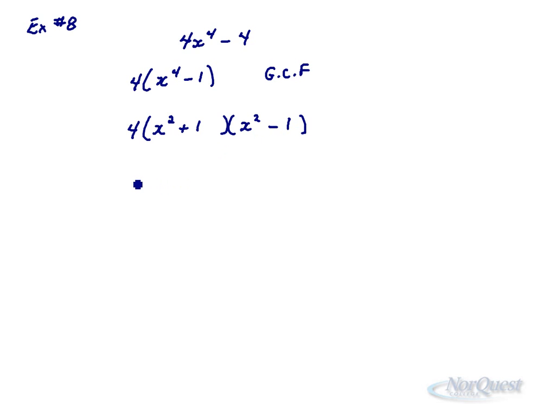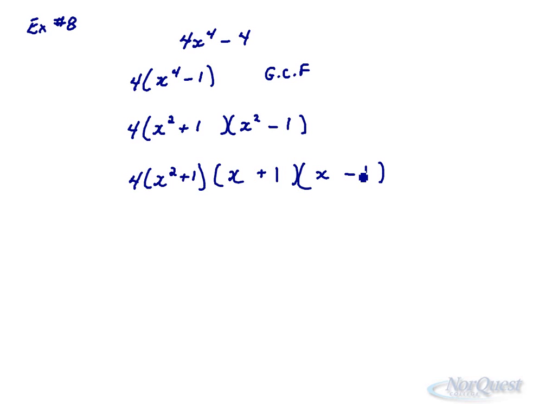So the first term, x squared plus 1, is no longer factorable. But x squared minus 1 is a difference of squares, so I can factor that again. The square root of x squared is x, the square root of 1 is 1, and I write this as x plus 1, x minus 1.